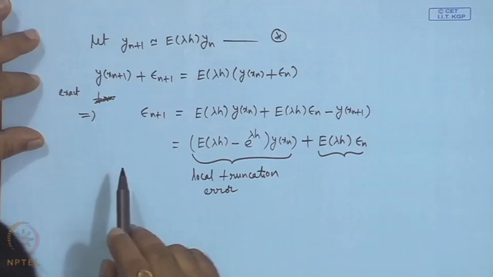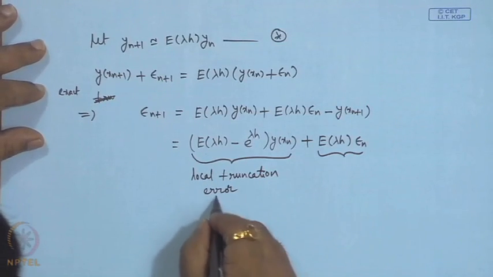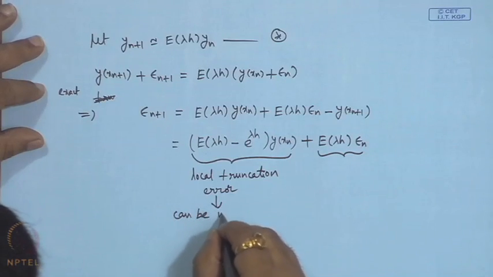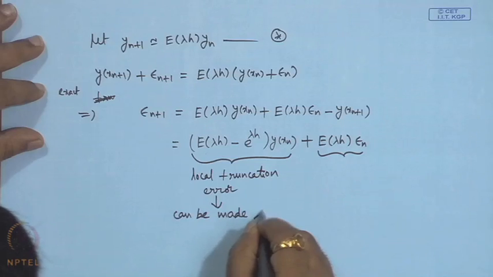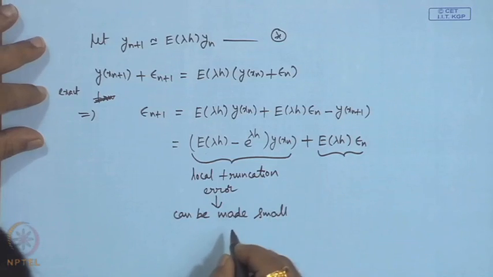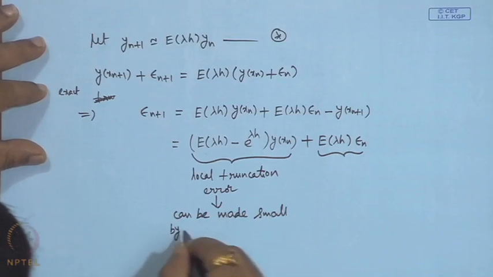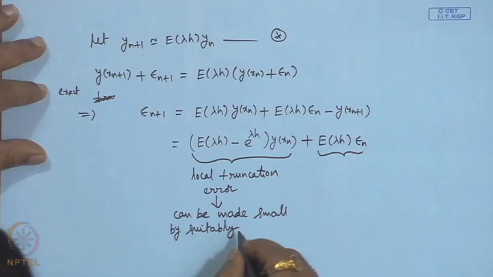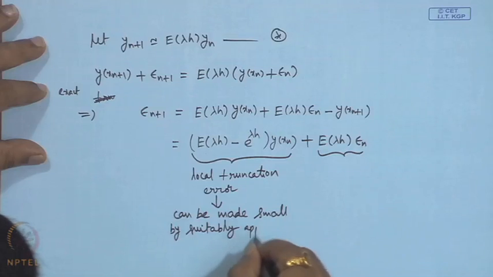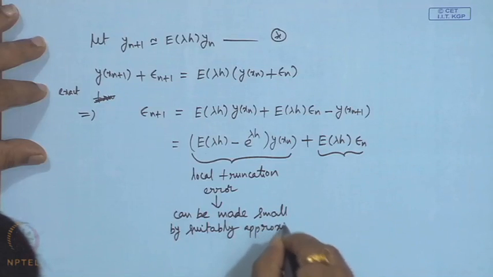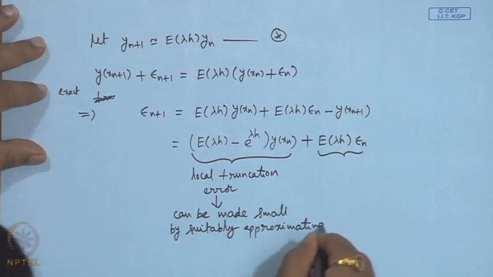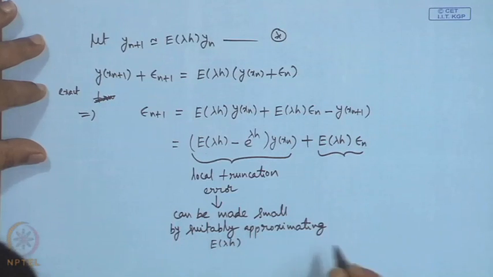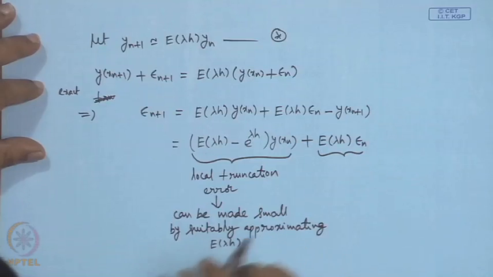So, that means this can be made small by suitably choosing E of lambda h.